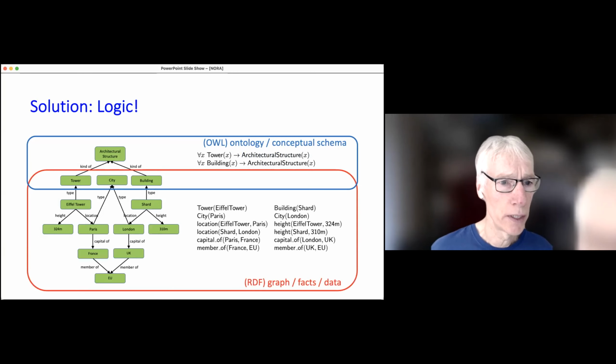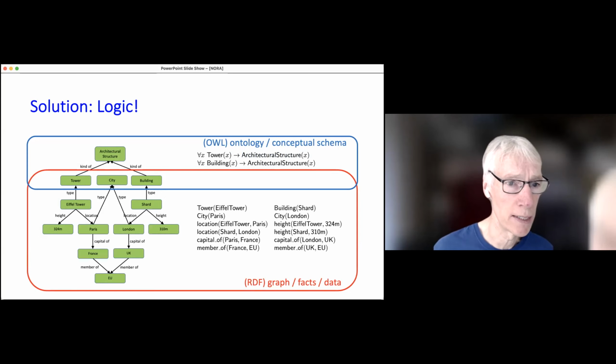And for the data part of the graph, we can treat this as basic ground facts in the logic. So all of these edges in the graph just translate into ground fact statements in our logic.